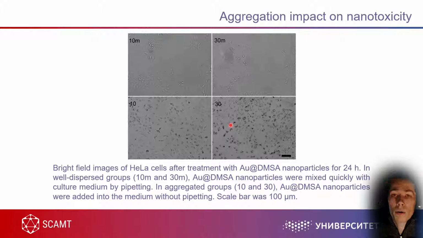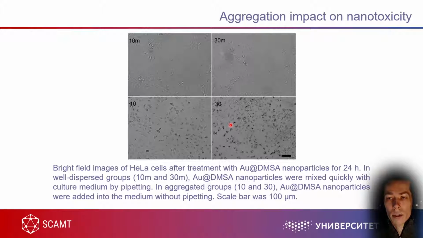When we are talking about particles, I'm not sure about you, but at least for me, when I'm using some particles and I want to assess their toxicity using some cell cultures, basically it's not very important whether they will aggregate or not. Almost all particles, even if they are very stable in water, will definitely aggregate when you add them to culture media, because culture media have a very high ionic strength.